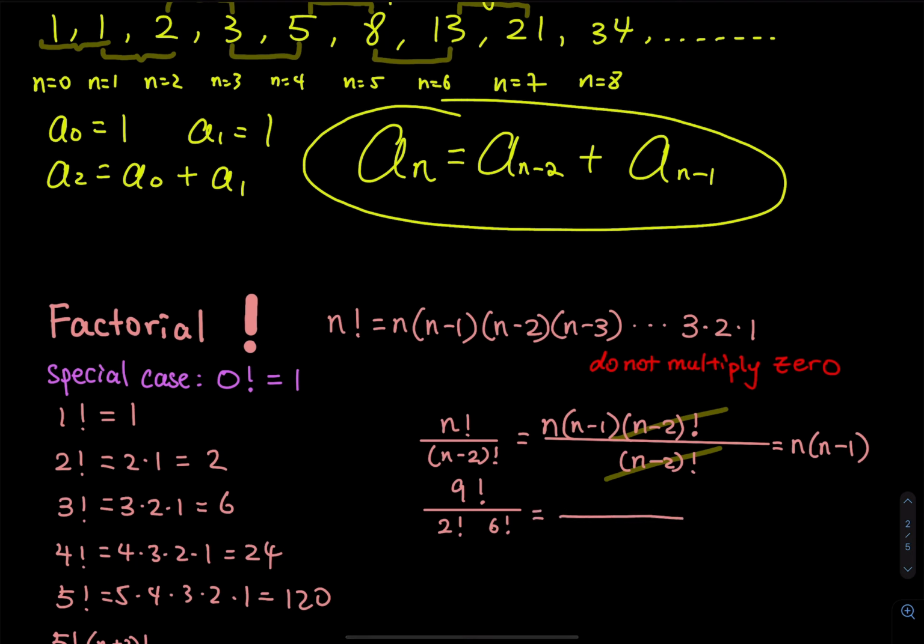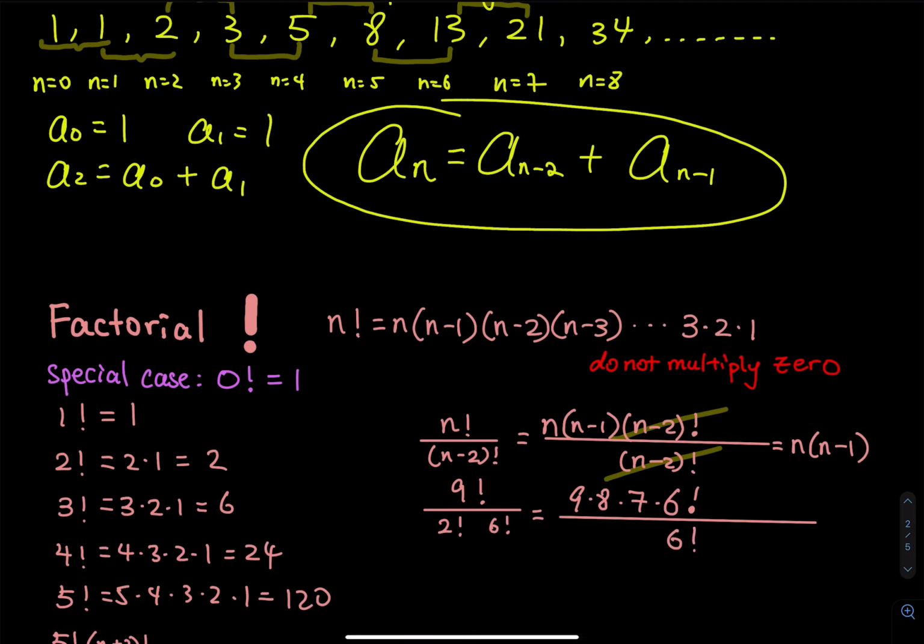For 9 factorial, here is what we can do. So this is 9, 8, 7, and then 6, 5, 4, 3, 2, 1, right? But you don't need to write all of those. You can just go back to 6 and then stop at 6, replace it with 6 factorial, because we are dividing by 6 factorial.